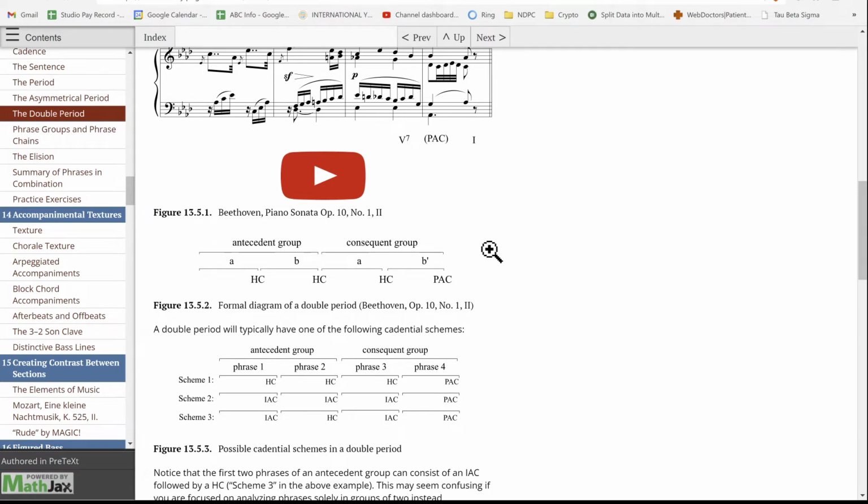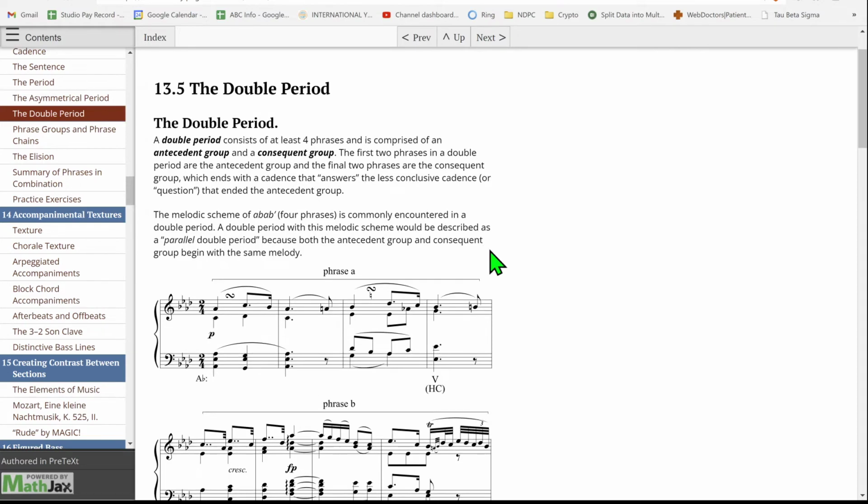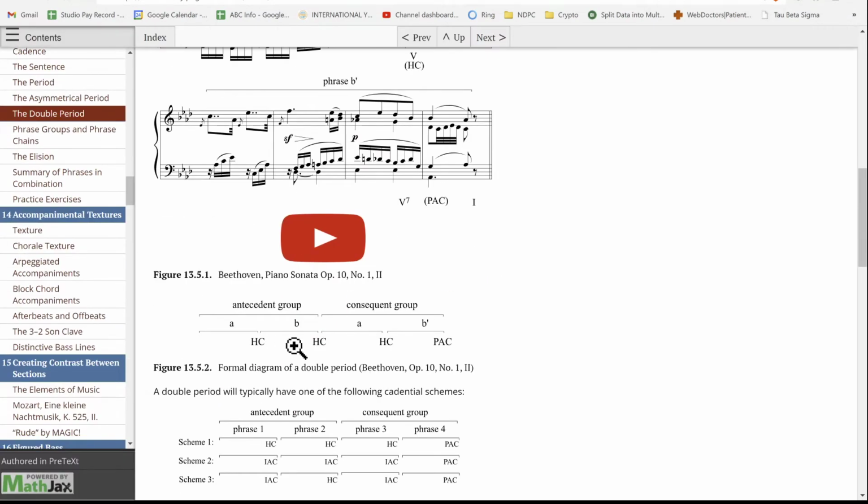But I don't know if you actually had that, all right? So this is just theory. I hope that wasn't too confusing, but it's pretty simple. AB, half cadence, AB, authentic cadence, phrase group, or a double period.